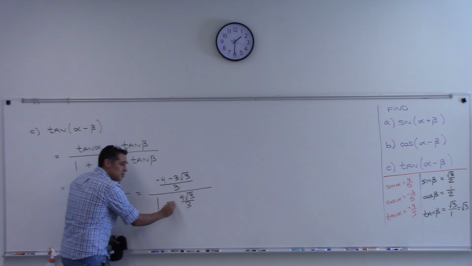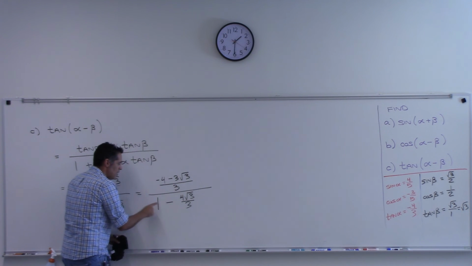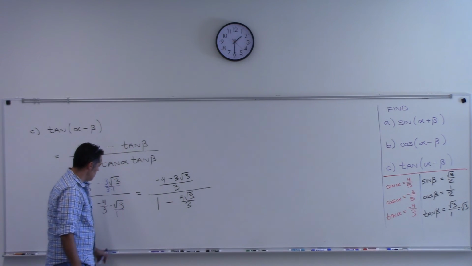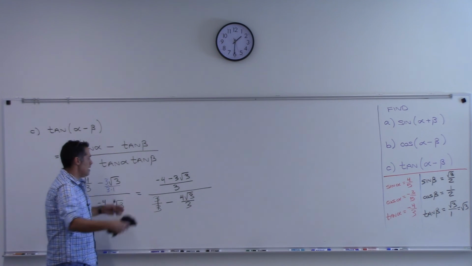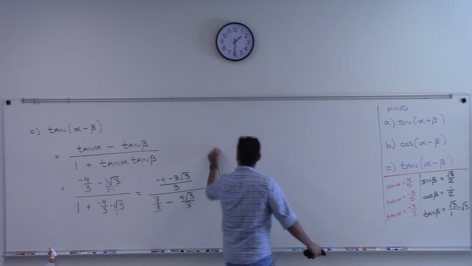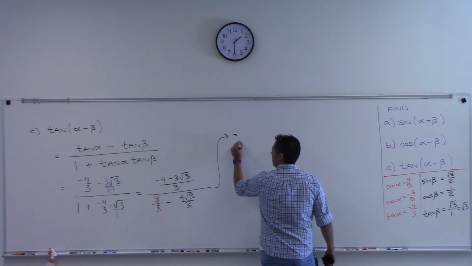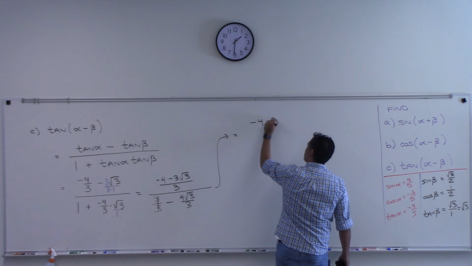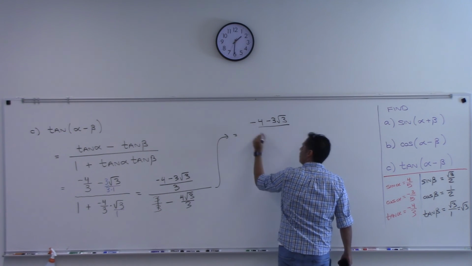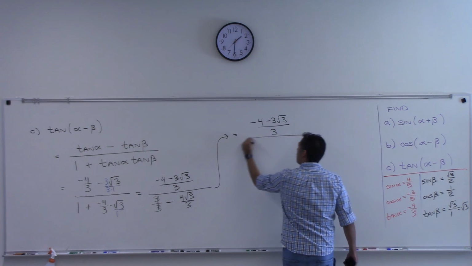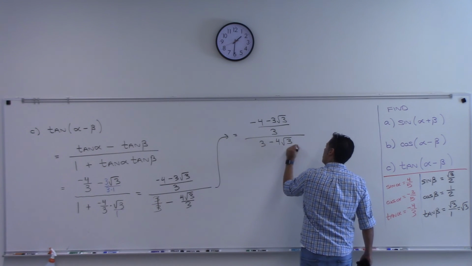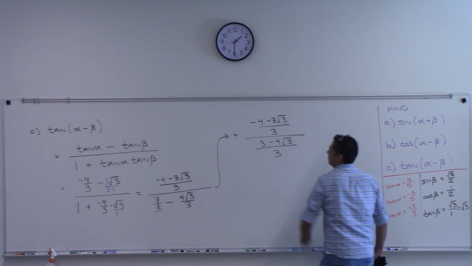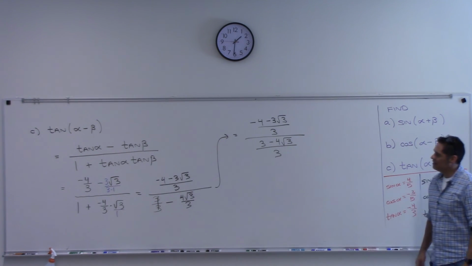Now I'm going to put these two together, right? So how would I rewrite the 1? 3 over 3. So I rewrite that as 3 over 3, right? Now I can put those together. So I have -4 minus 3√3 all over 3, all over 3 minus 4√3 all over 3, right?